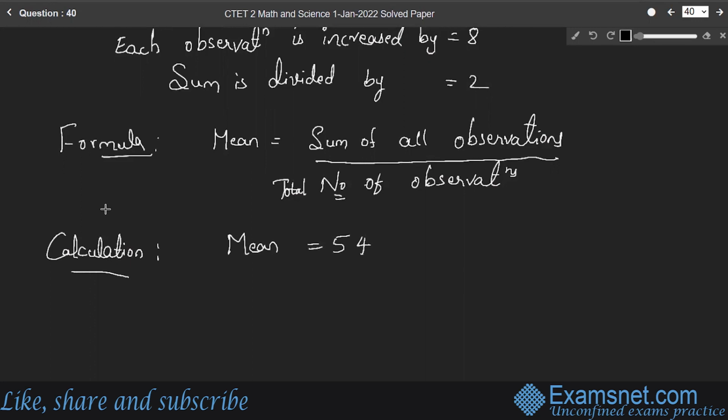So let number of observations whose mean is 54 be x. Okay. Therefore, we know the value of mean and number of observations. Sum of all observations.